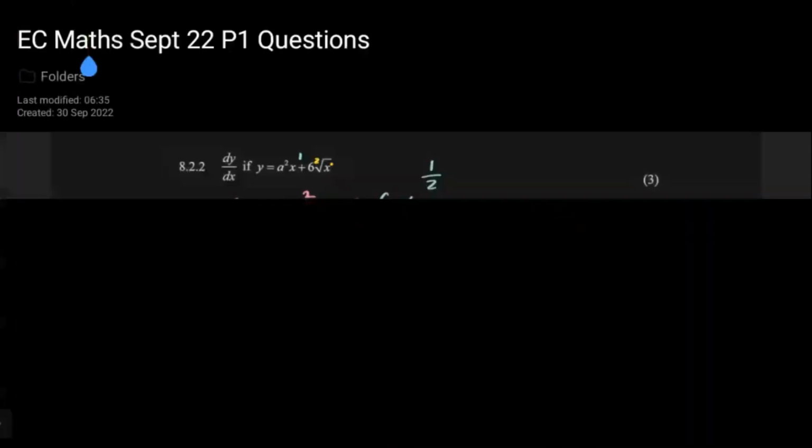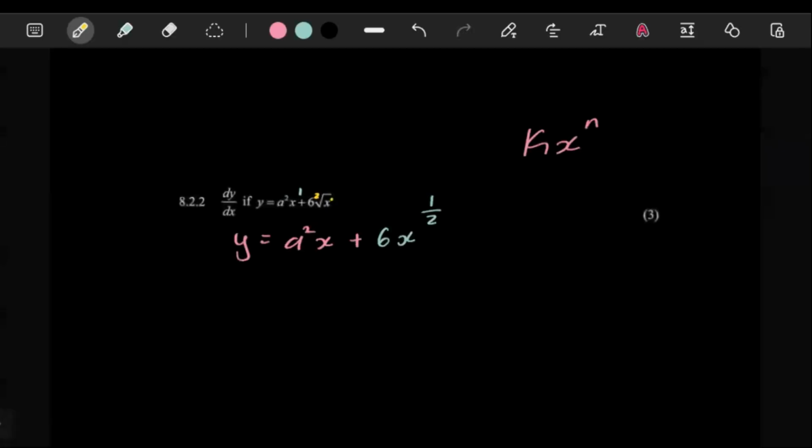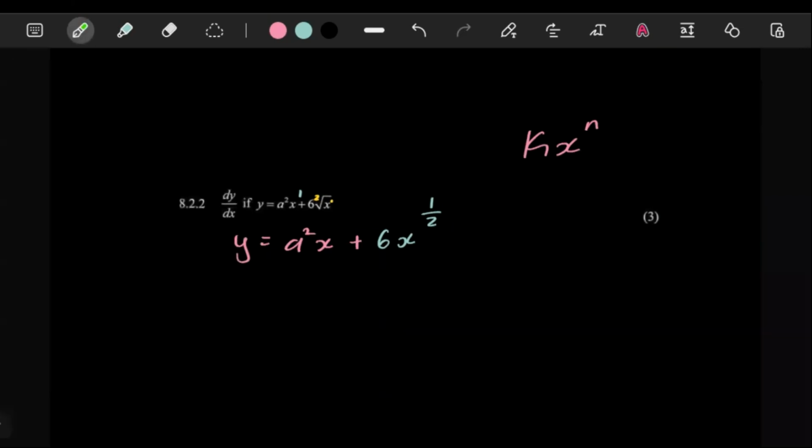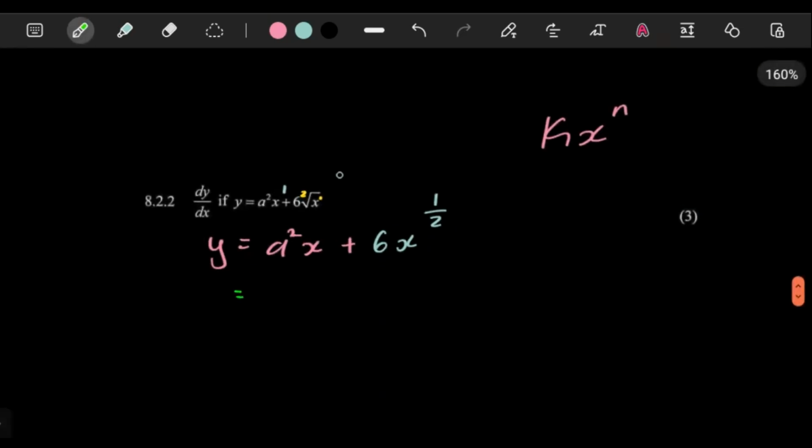With that being said, let's see what we can do here. Differentiating, we have 1 times a squared, which is a squared. A half times 6 is 3. A half minus 1 is negative a half.